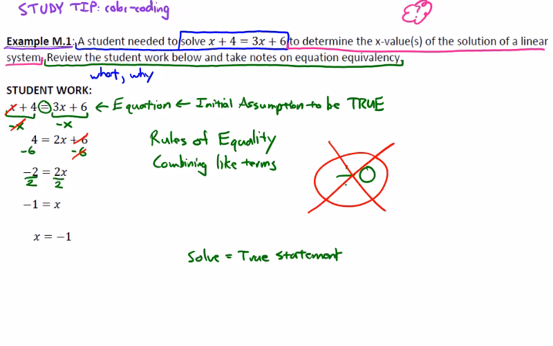On the left side, -2 divided by 2 simplifies to -1. And on the right side, 2x divided by 2 simplifies to x. Again, we have another equivalent equation. And this student has successfully solved for x.